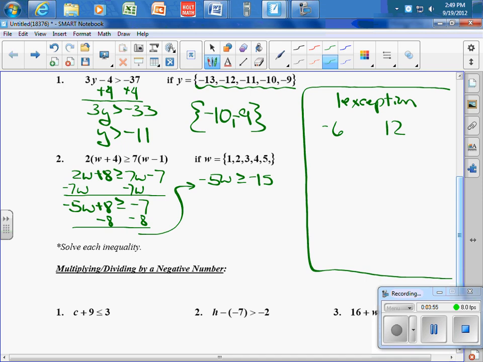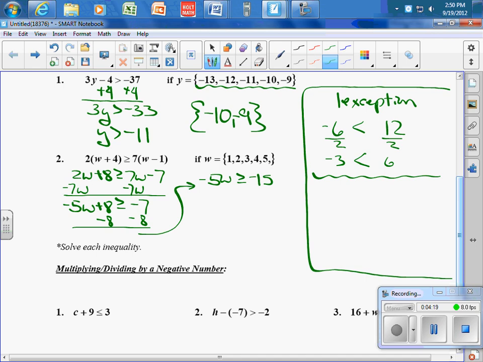How does negative 6 compare to positive 12? Is it less than, greater than, equal to? It's less than, isn't it? And if I were to divide both sides by, say, 2, I would come up with negative 3 here. I'd come up with positive 6 here, and I still have negative 3 being less than 6.